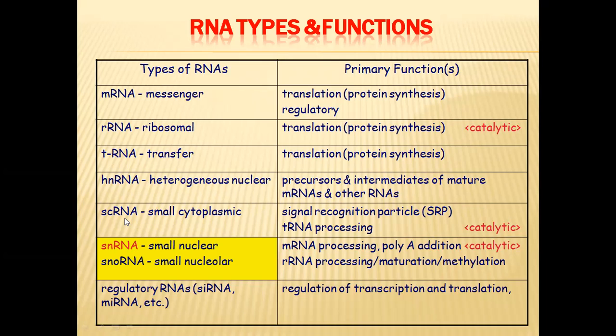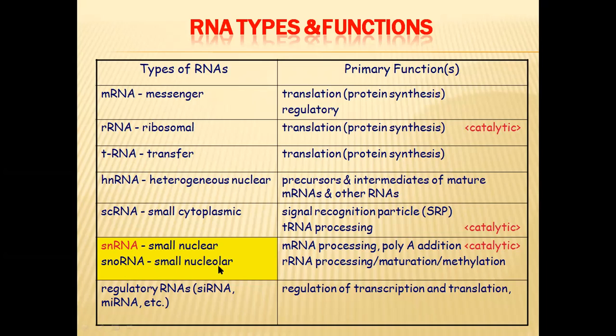And small cytoplasmic RNA. The small cytoplasmic RNAs are present in the cytoplasm, and they are utilized in tRNA processing, and they also have catalytic or enzymatic function. And snRNA and snoRNA, small nucleolar RNA, is another one.